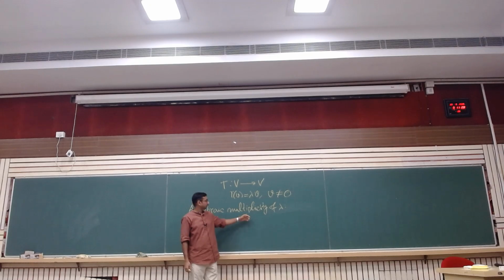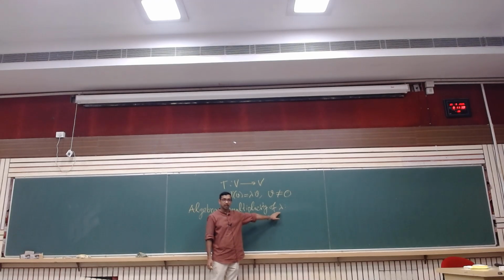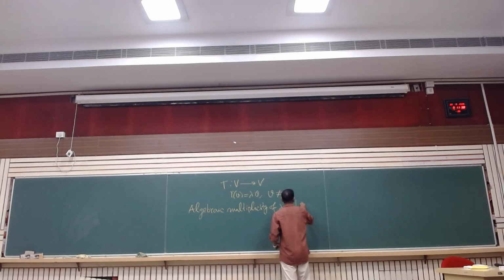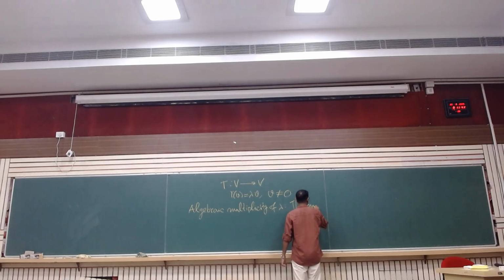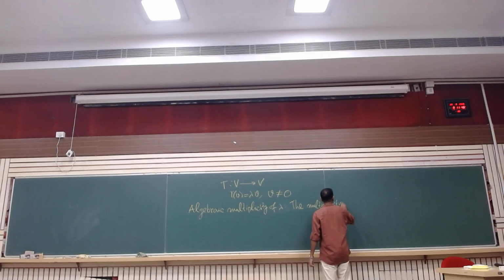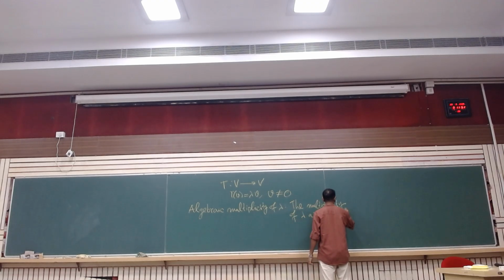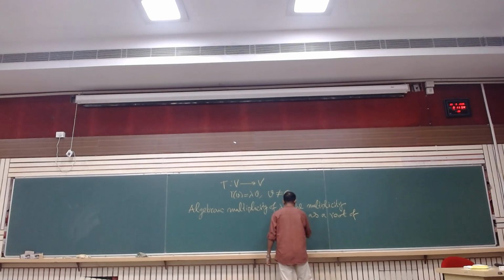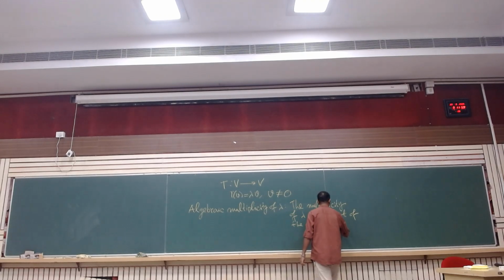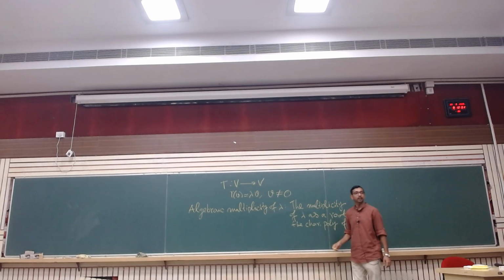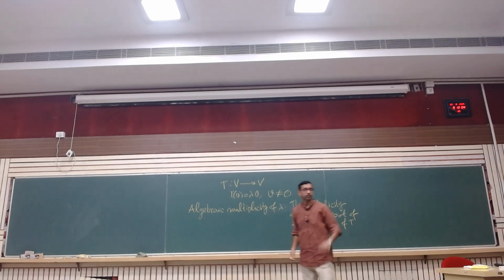So the algebraic multiplicity of lambda is the multiplicity of lambda as a root of the characteristic polynomial of T.